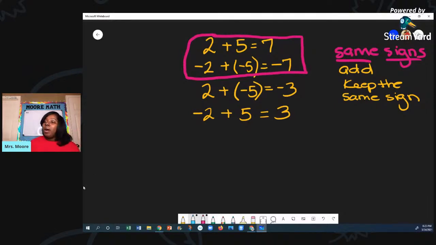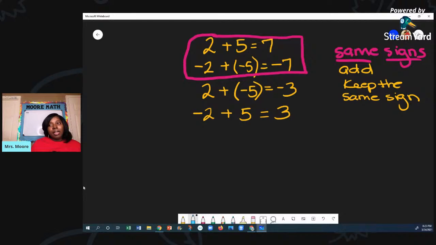What about different signs? When I have the same sign, add them together and my sign stays the same. But when I have different signs, what do you notice? 2 plus 5 is 7, so how did we get 3?